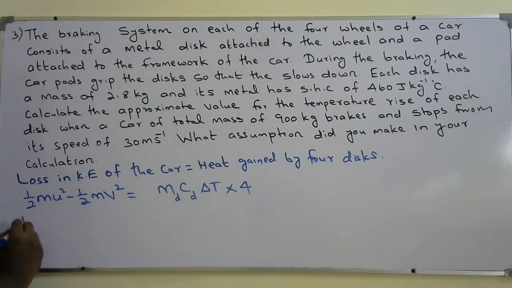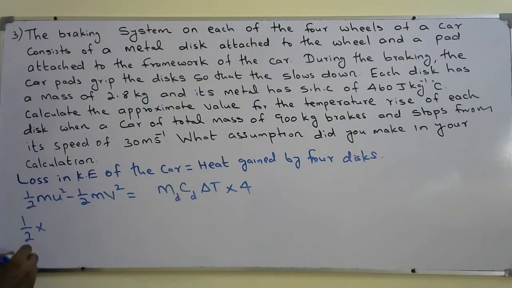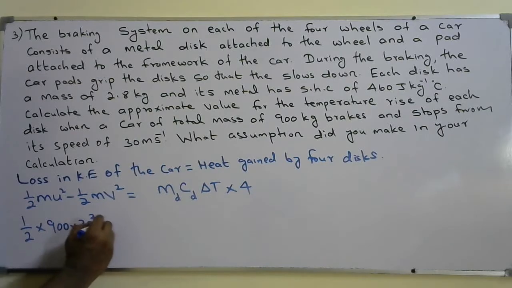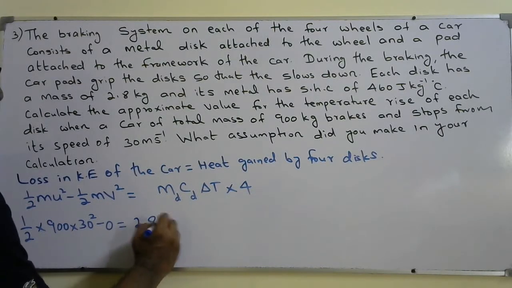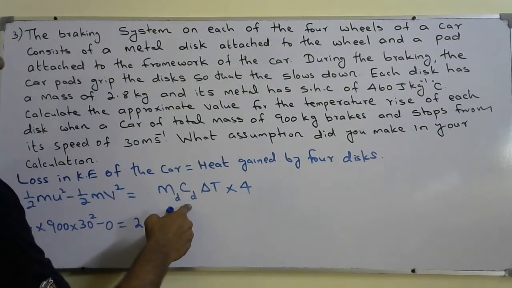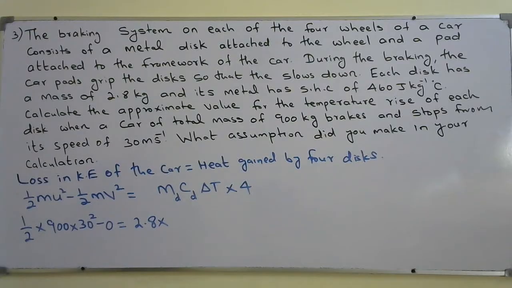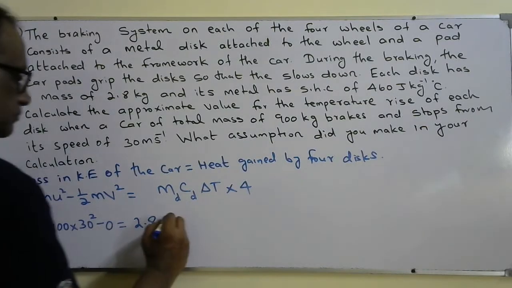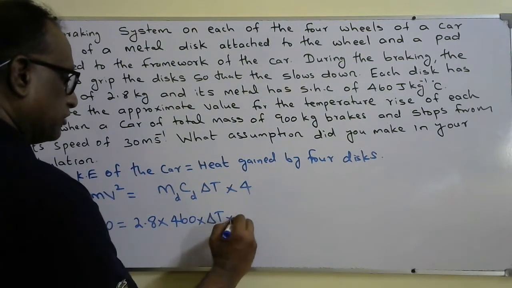So now we can say half, where this m is the mass of the car and this is the mass of the disc. The mass of the car we know is 900, times 30 squared minus 0, equals the mass of the disc, 2.8, times the specific heat capacity of the disc, given as 460, times delta T, which is the unknown, times 4 wheels.